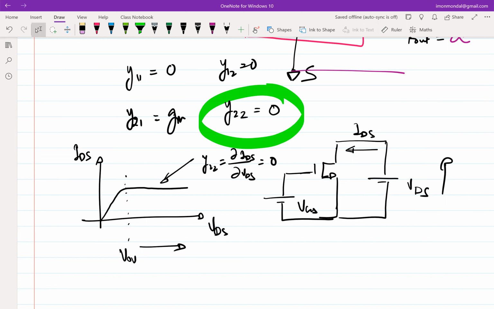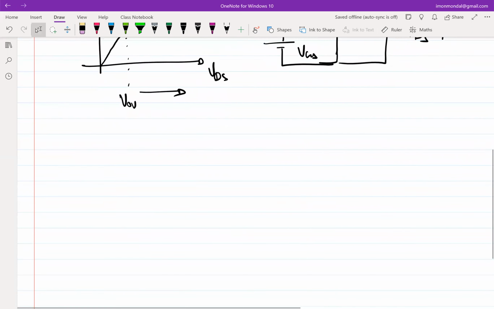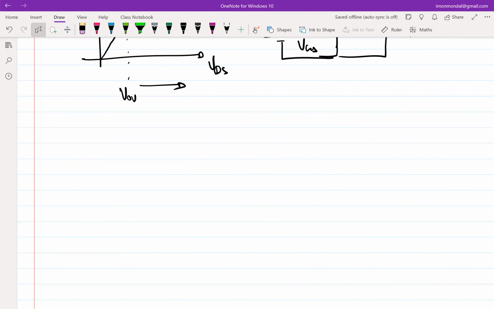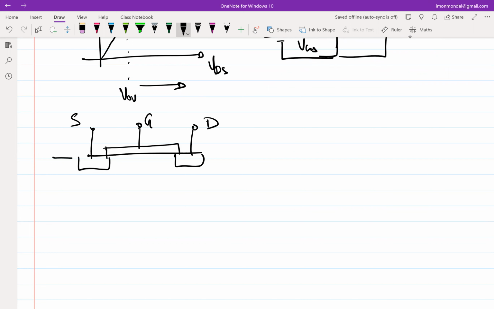Okay, but then we saw in the last class, if we quickly go through what we were discussing at the back end of the last class. Your gate and source is biased, your source and drain terminals are also biased.